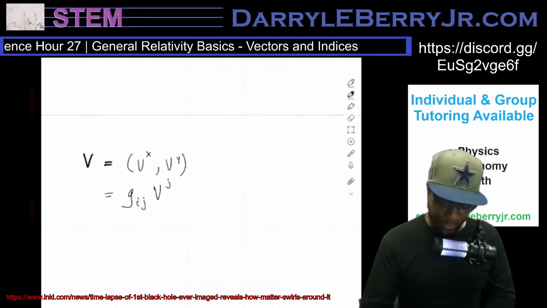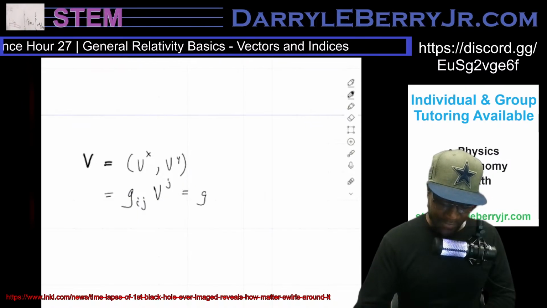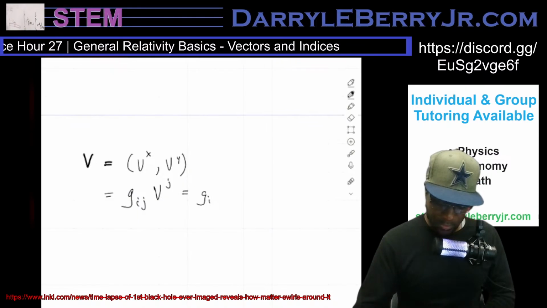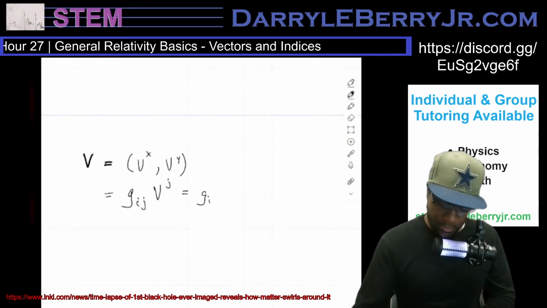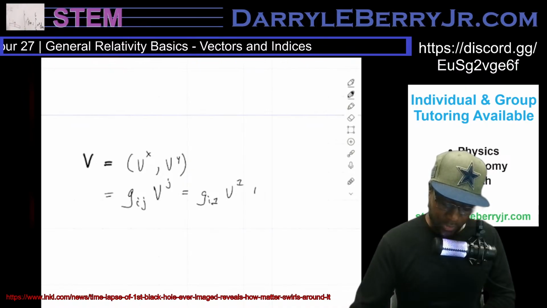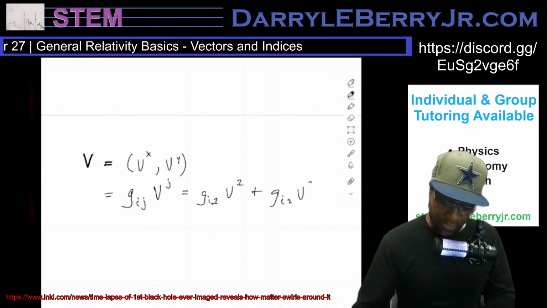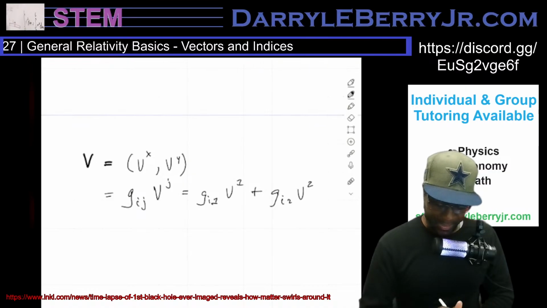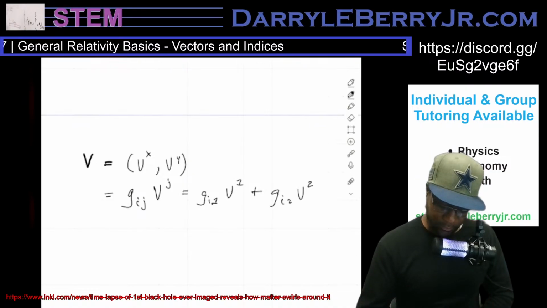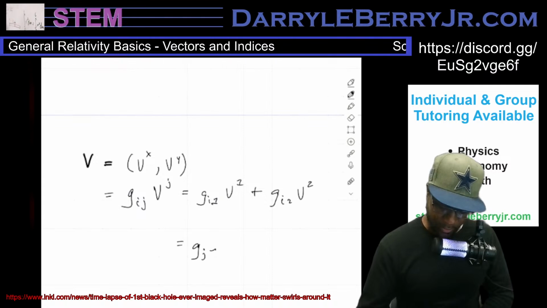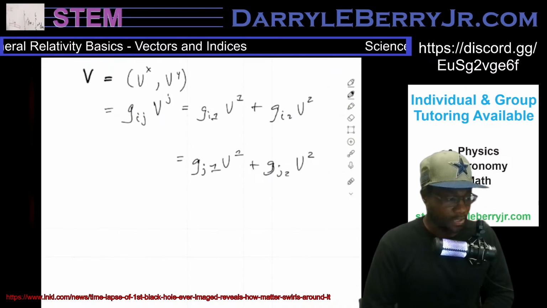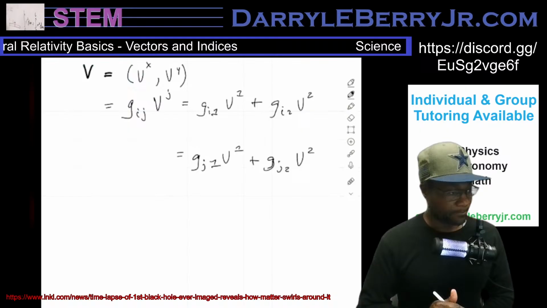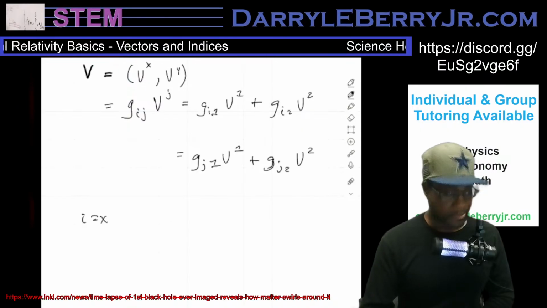Remember that these are going to be summed over. So that means we have Gi1 V1 plus Gi2 V2. This is how I get the I1. And then we can say this is Gj1 V1 plus Gj2 V2.